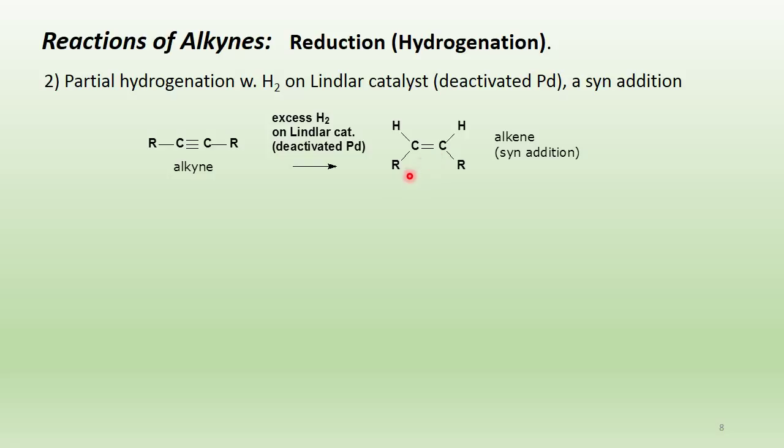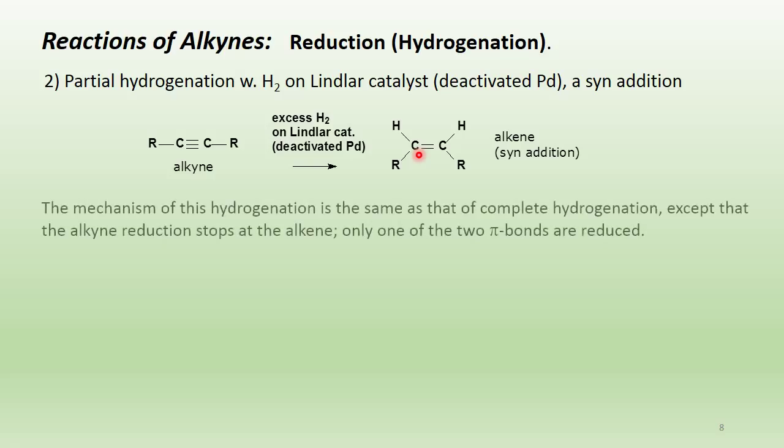And in fact, again, it's a syn addition, so potentially a cis alkene could be formed. So the mechanism of this hydrogenation is the same as that of complete hydrogenation, except that the alkyne reduction stops at the alkene. Only one of the 2 pi bonds is reduced.